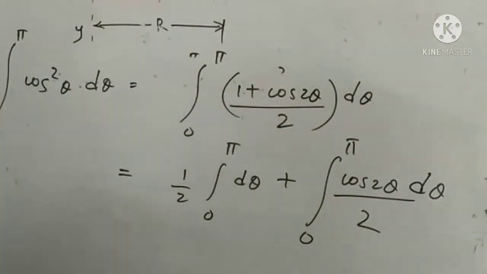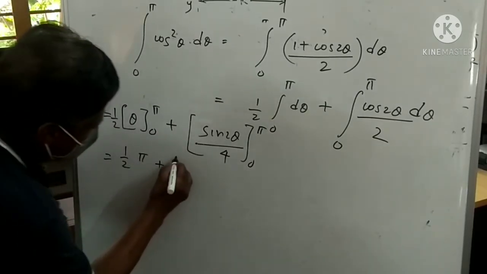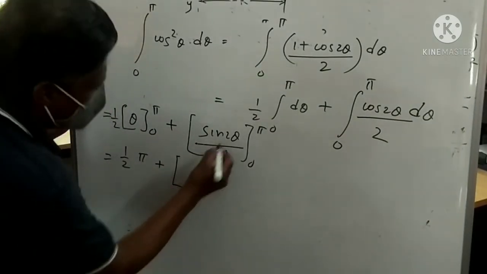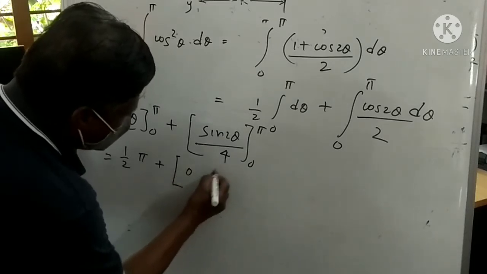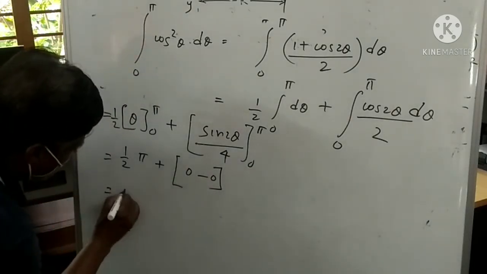Okay, half into pi plus this value will be 0 minus 0. This will be pi by 2.